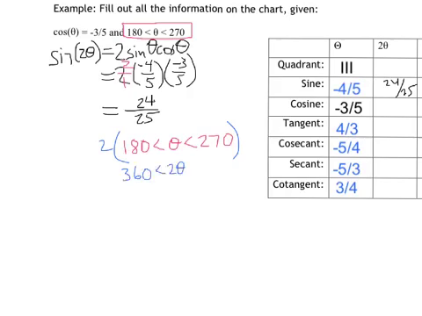And 270 doubled is 540, which means that 2 theta is somewhere between 360 and 540, which puts it somewhere in either quadrant 1 or quadrant 2.